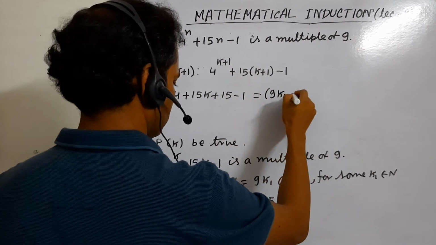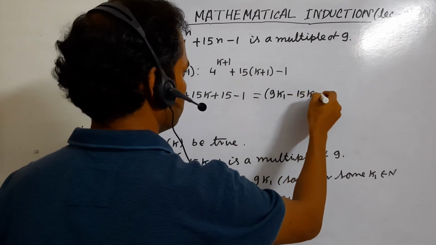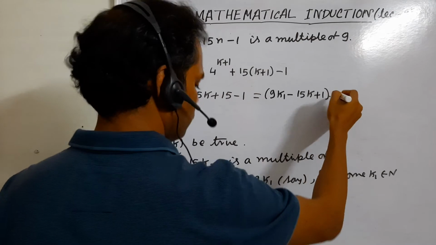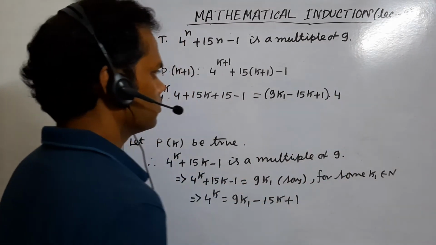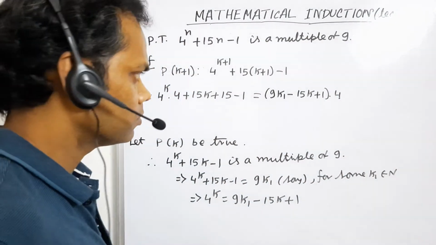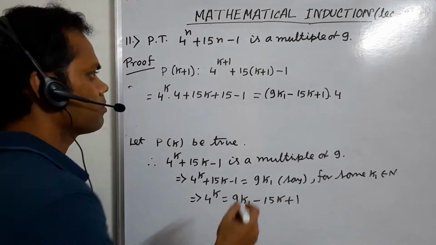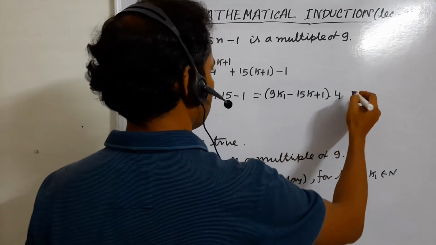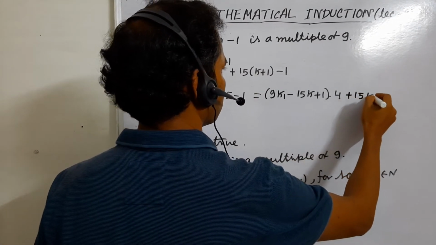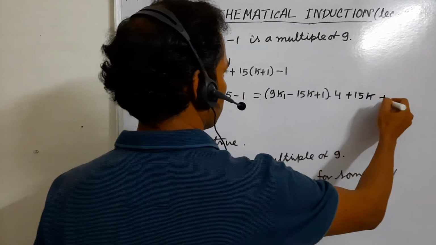9k1 minus 15k plus 1, into 4, plus 15k plus 14.